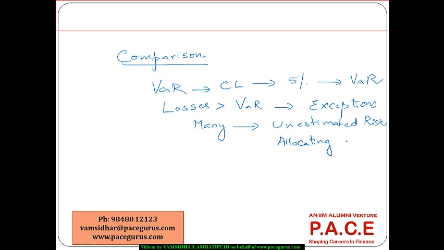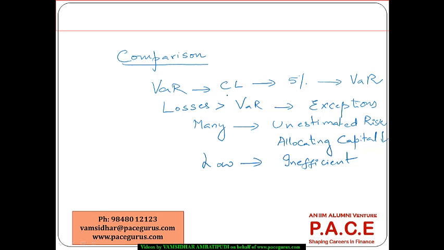Because I have underestimated, the allocated capital is also much lesser. But on the other side, if the exceptions are very low in number, we are looking at inefficient allocation of the capital. I did not allocate the capital properly.